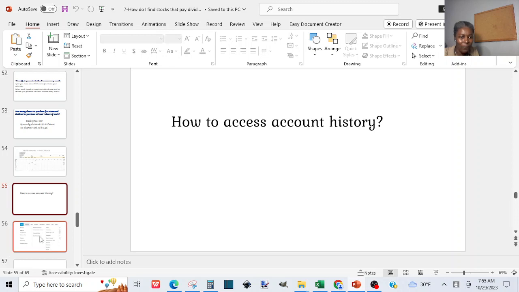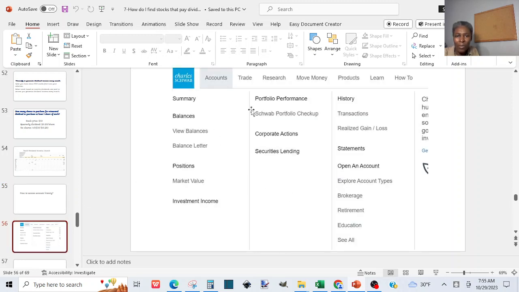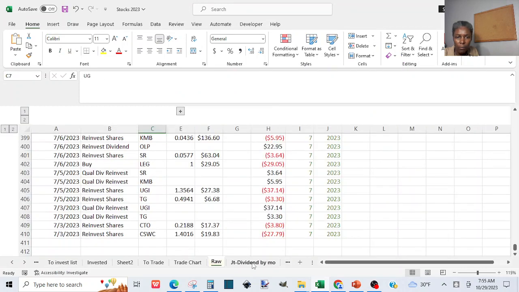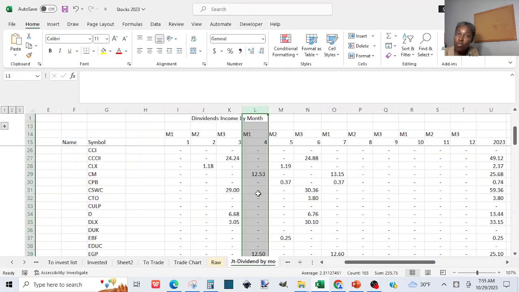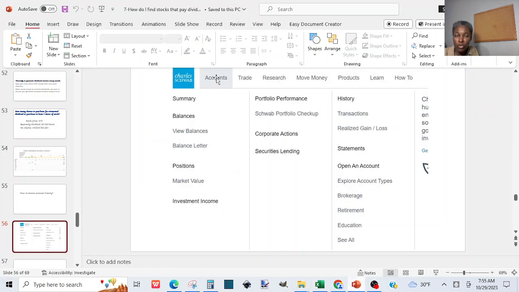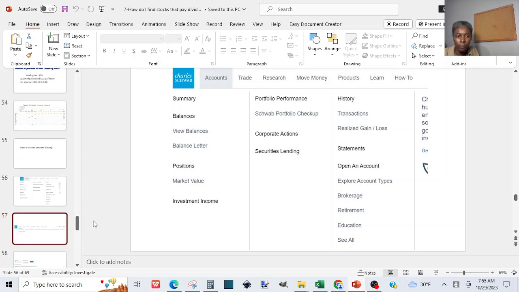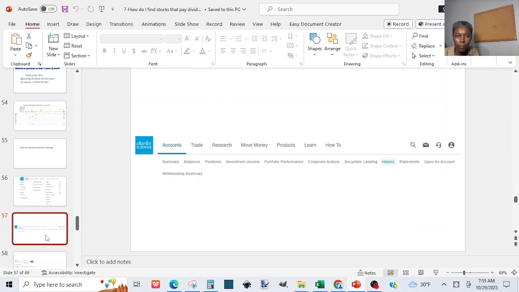So pretty much, we talk a little bit about account history. If you wanted to see how much income you are making, to track that, when you go to your Charles Schwab account, under account, you will click on history. When you click on history, it will take you to your history.